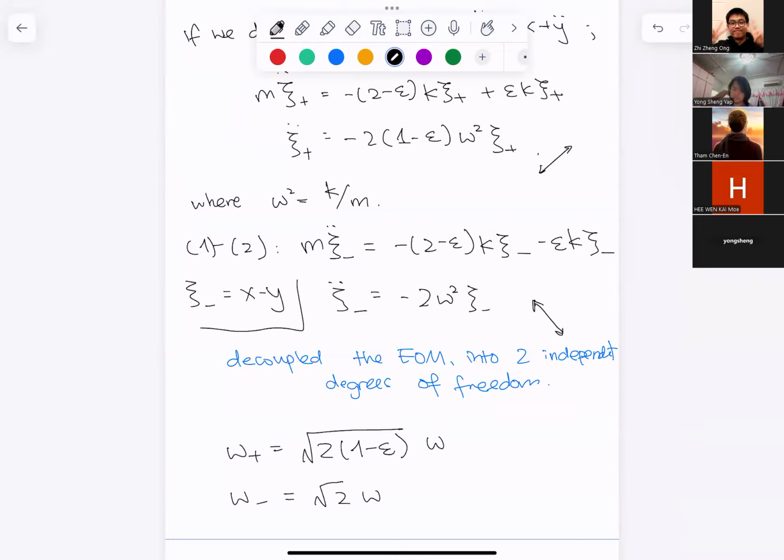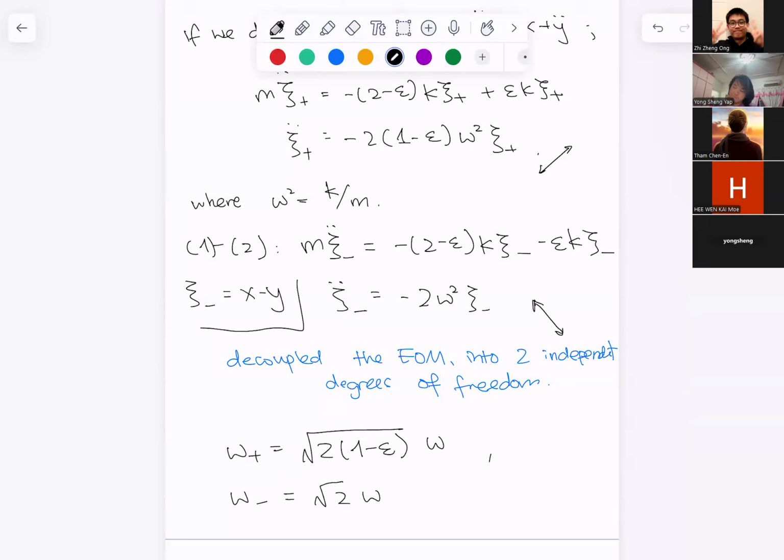They have different oscillating frequencies. And for 2 degrees of freedom, you get two oscillating frequencies. And if you have three degrees of freedom, you get three. But when I say three, it might be two of the same. For example, these can be the same if epsilon is equal to minus one. In this case, it's not possible, but it may be possible.